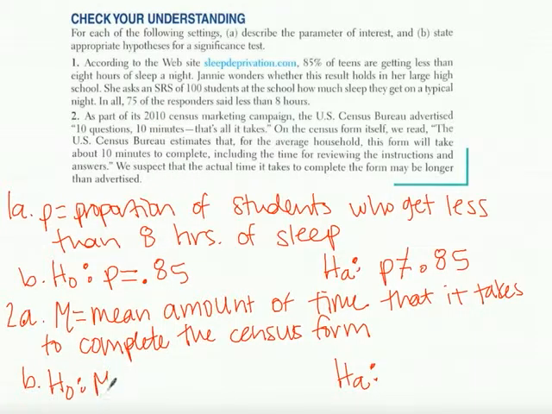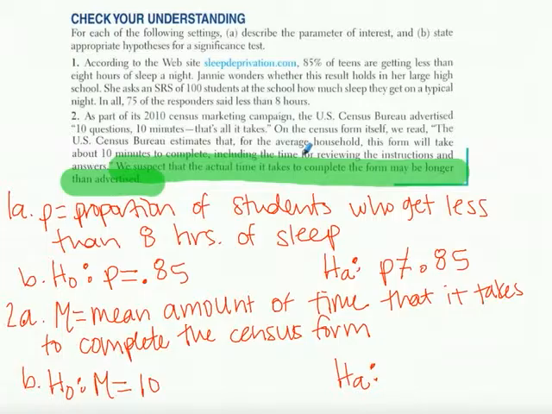So the null hypothesis would mean that the mean or the average would be equal to 10. But in here it says that we suspect that the actual time it takes to complete the form may be longer than advertised. So if we think that it's going to be longer than advertised, then our mean would be greater than the 10 minutes that they said.